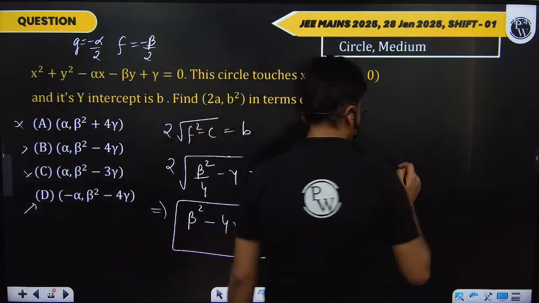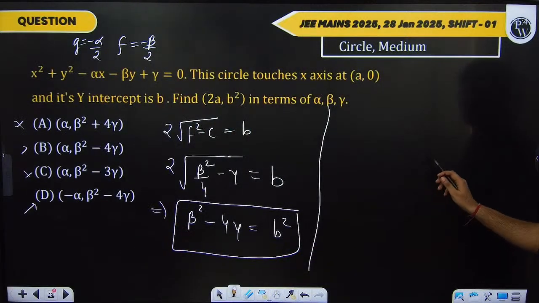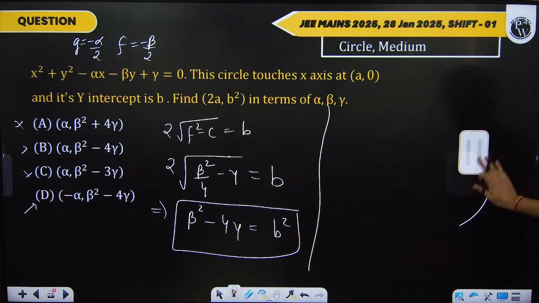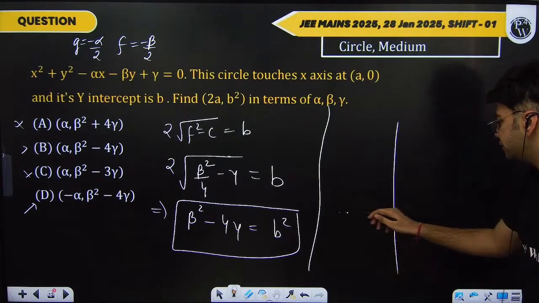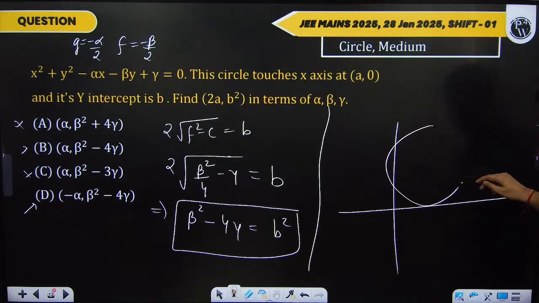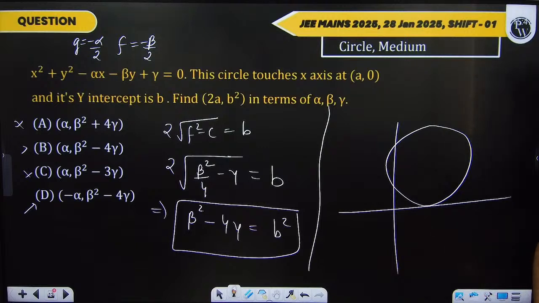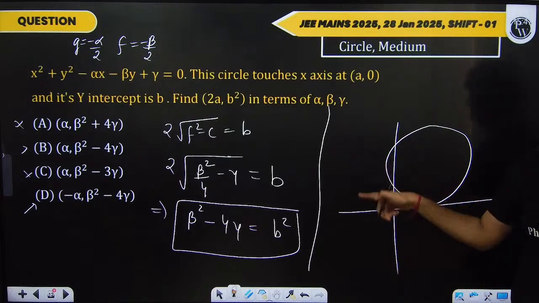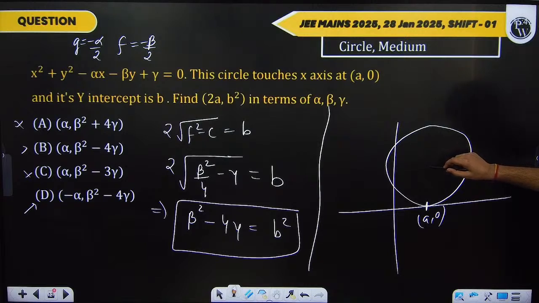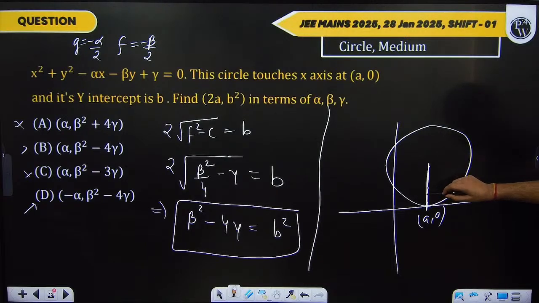So again, this circle is touching x-axis at a comma 0. So this circle is something like this. You are getting some y-intercept, but at the same time, it is touching your x-axis at a comma 0. So that means this distance will be equal to radius.